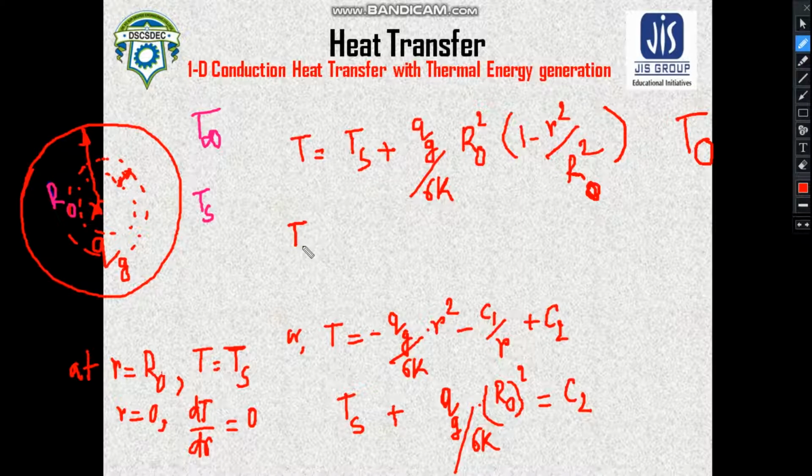So let us consider this maximum temperature as T naught, and we can say that T naught would be equal to Ts plus, this part is becoming 0, this r is getting 0, so we can write Qg by 6k into R0 square.